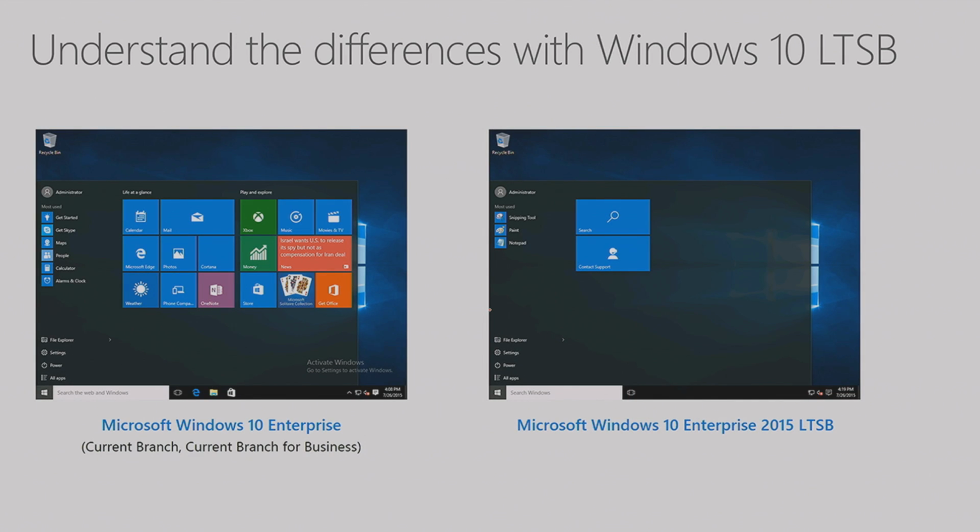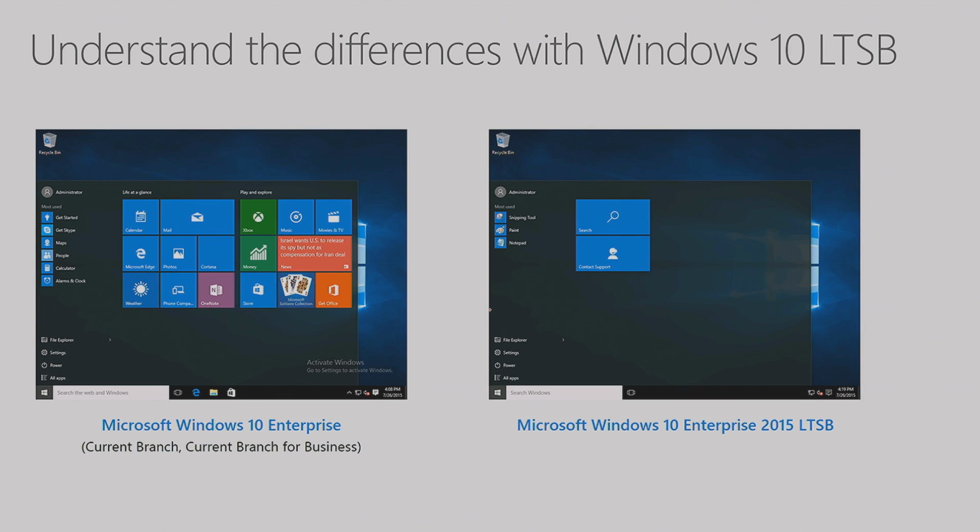So if you look at this visually, if you were to install Windows 10 1511 and compare it to LTSB 2015, which would be the previous release, or 2016, which will show up on VLSC within the next few days, you won't see the same thing because we remove Cortana, Edge, the Windows Store, and most of the inbox applications.